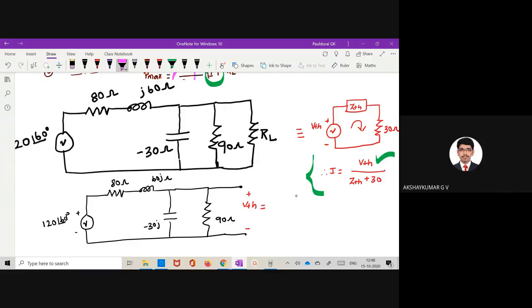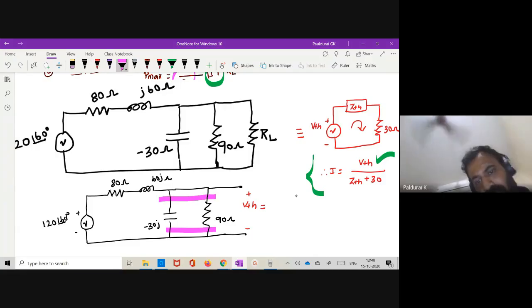So what is VTH, anyone? Actually it is the voltage across 90 ohm as well as minus 30. Okay, so you know how 90 and minus 30 are connected, in parallel. So what is the equivalent resistance? Can you remember that? So I am redrawing this just for your reference. Plus minus. Okay, this is VTH. This is 120 at an angle of 60 degree.